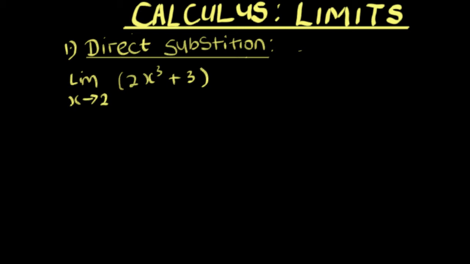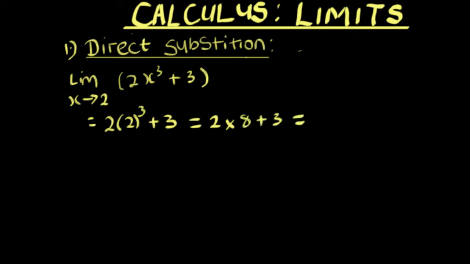So this will be equal to 2 times 2 raised to power 3 plus 3. Since I have x raised to power 3, I plug in 2 there. 2 raised to power 3 gives me 8, so I'm going to have 2 times 8 plus 3.